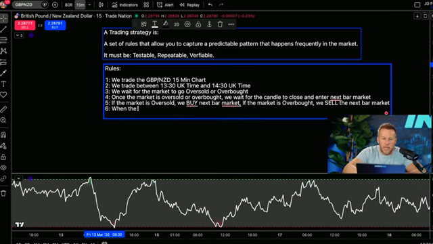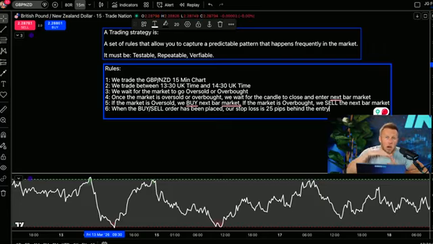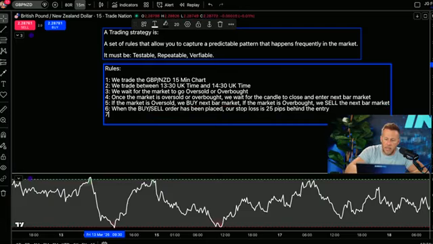Number 6, when the buy or sell order has been placed, our stop loss is, let's say, 25 pips behind the order, behind the entry. Okay, so that obviously means if we're buying, our stop loss goes 25 pips below, and if we're selling, the stop loss goes 25 pips above. And then 7, our target is, let's just do 3 to 1. Sod it.